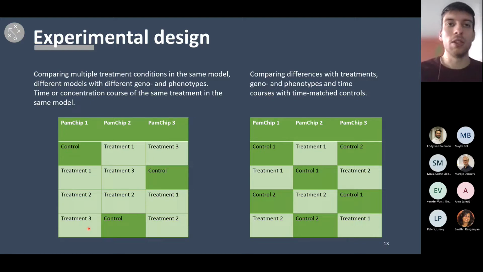And what some customers always prefer is that you randomize the position of your sample for the next chip. So the second chip, again, is a complete replicate of all samples, but then in this case randomized. And the same is true for the third PamChip. You don't need to randomize if you don't feel the need for that. We just prefer to give this as an option.